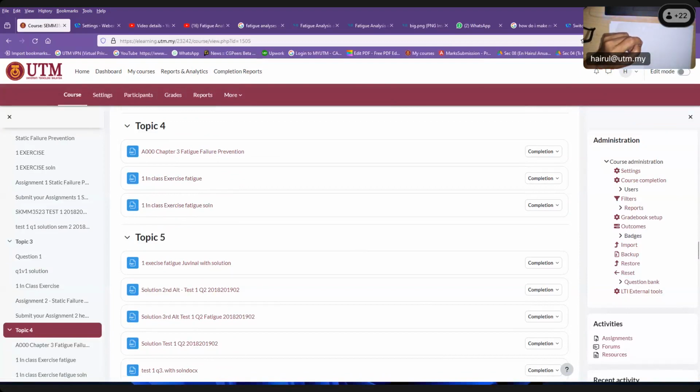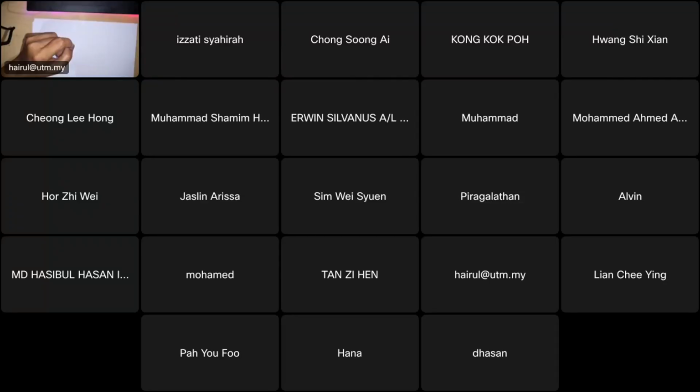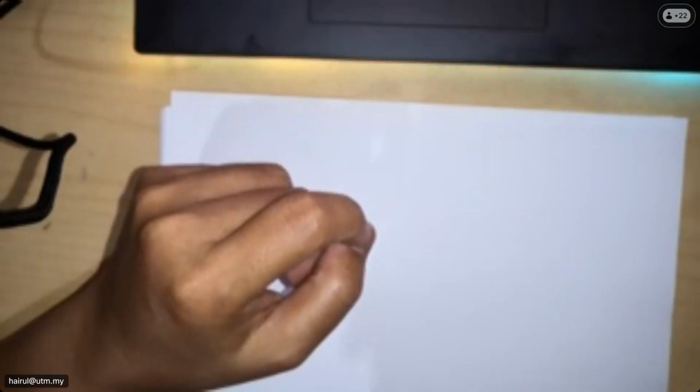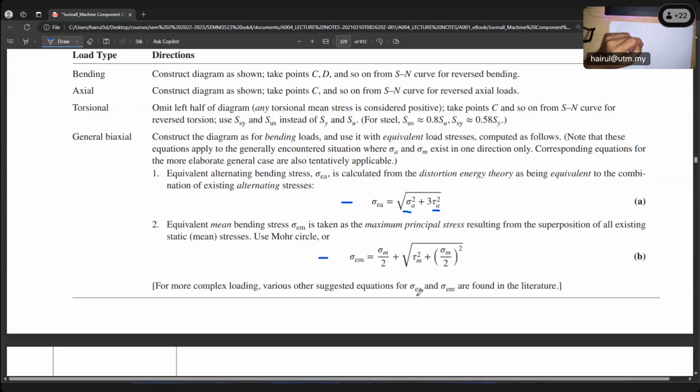Then you will see this exercise. Look here.